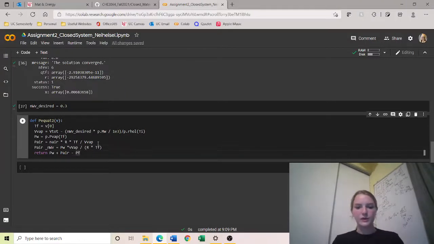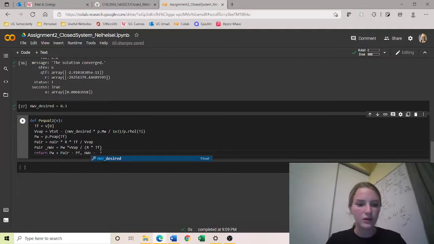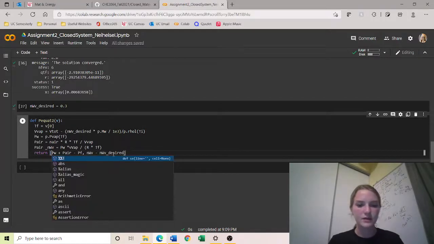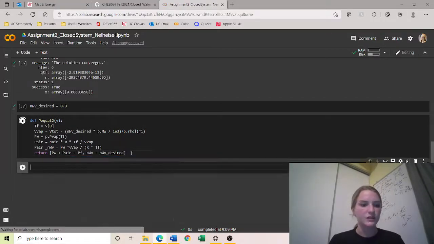And now we are going to return PW plus P air minus PF. And we're going to do comma NWV minus NWV underscore desired. Let's put brackets around this and then Shift Enter.